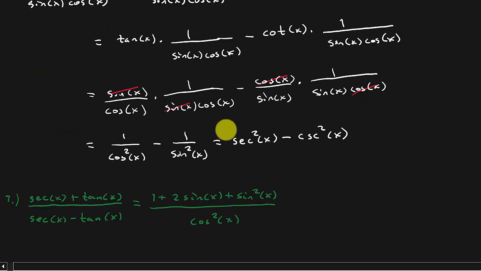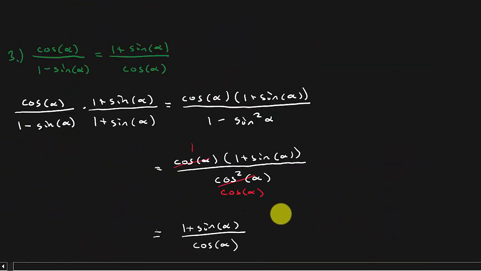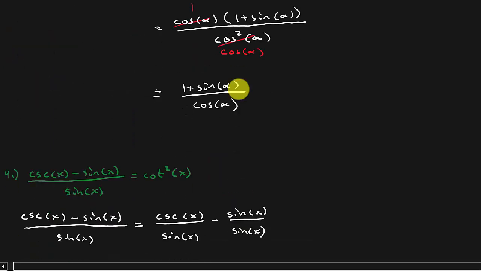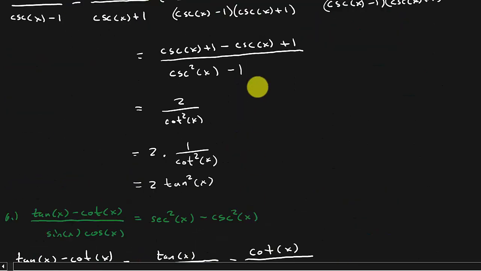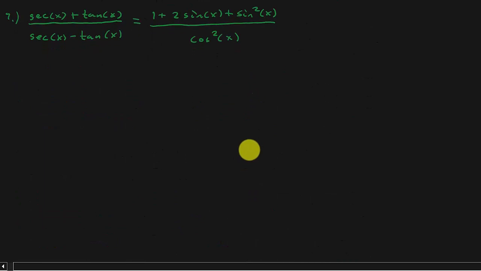That was the one where I multiplied by 1 plus sine over 1 plus sine. Remember that one? That's fine, but with this one, I'm going to show you another way that you are able to verify identities.